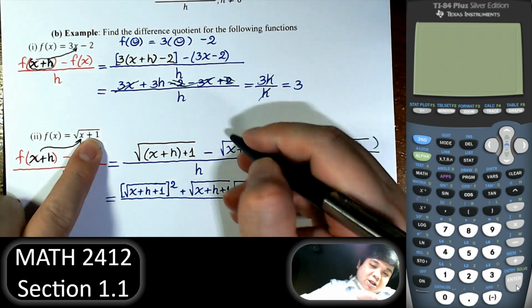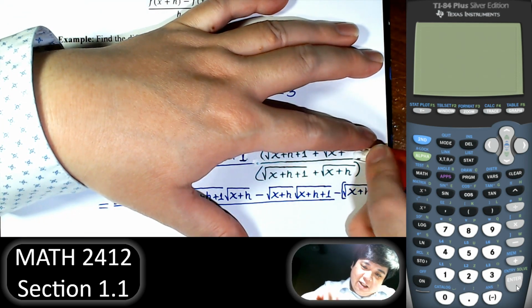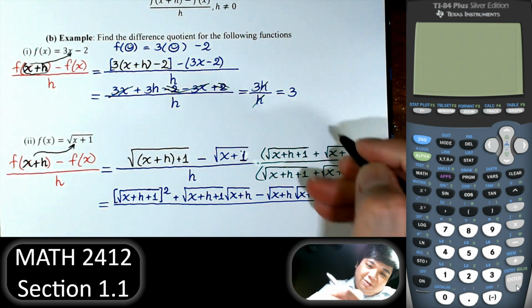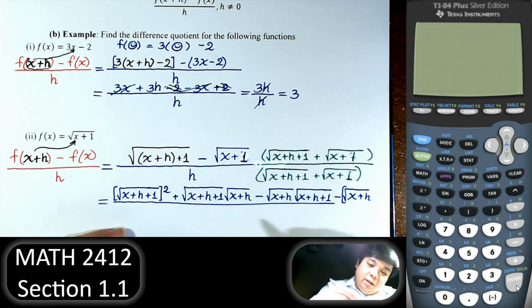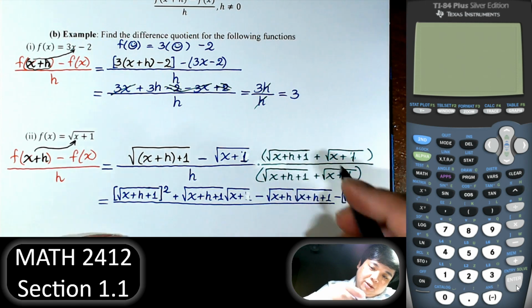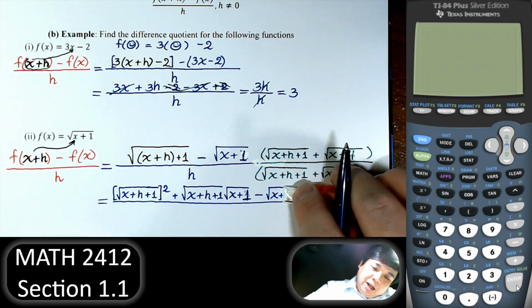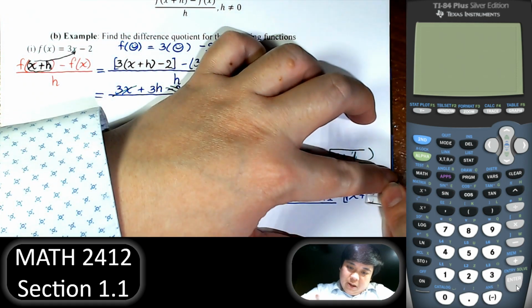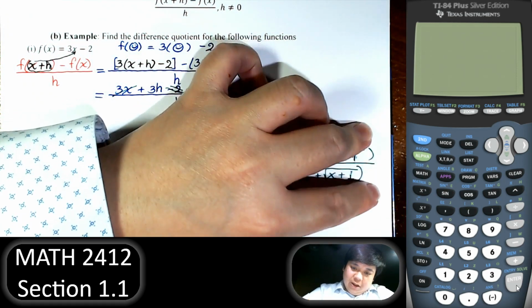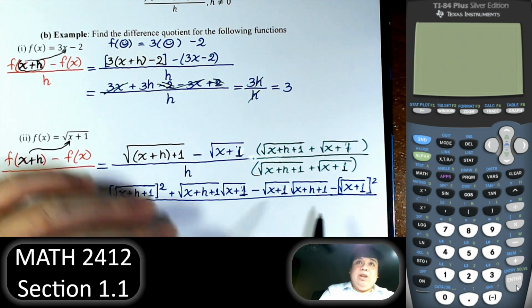F of x is the original function. And all of that divided by the bottom.